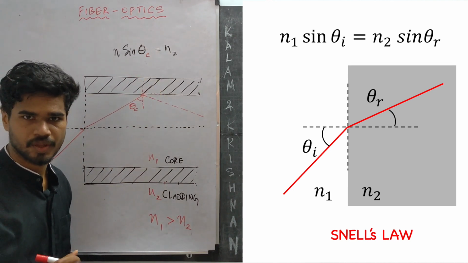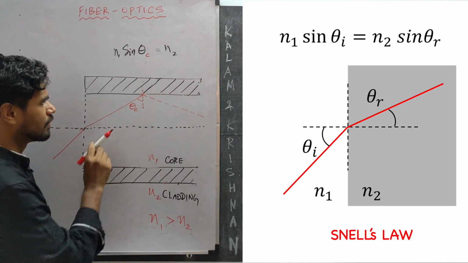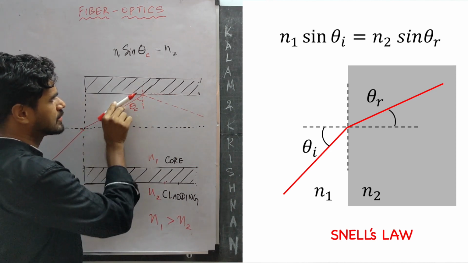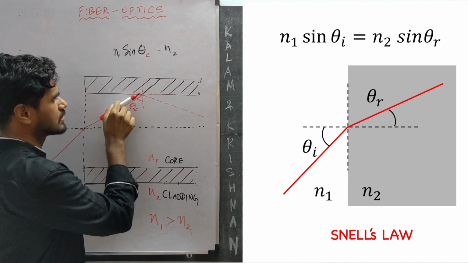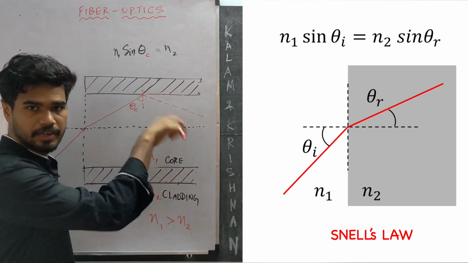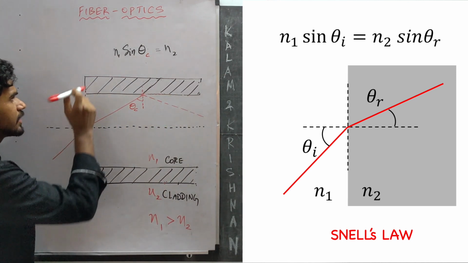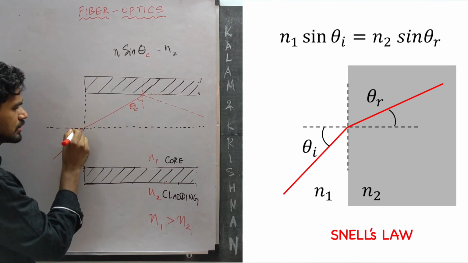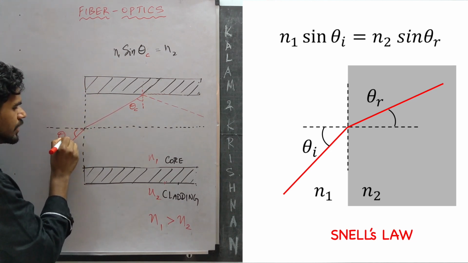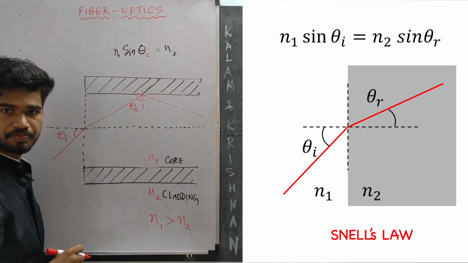Fine. Now, we know if light hits at an angle that's the critical angle or beyond, it will get totally internally reflected. So what is the angle at which light should enter a fiber optic cable, such that there is total internal reflection?